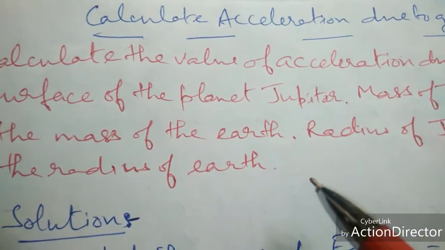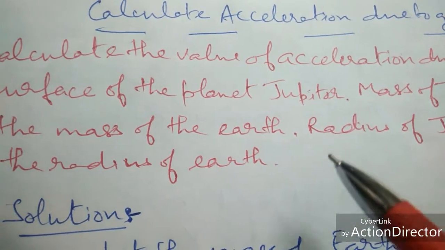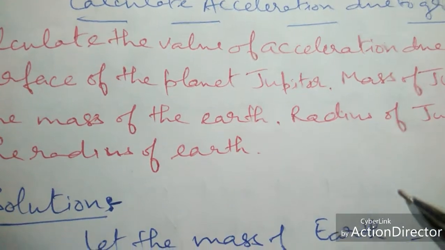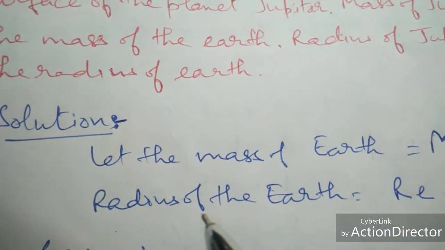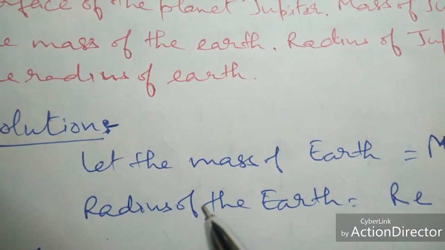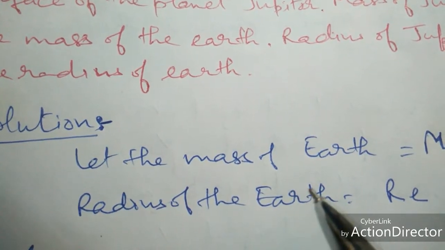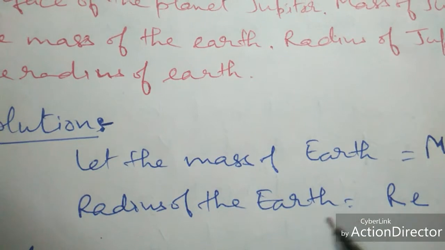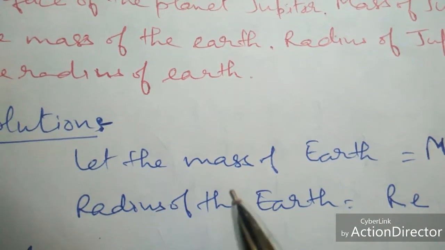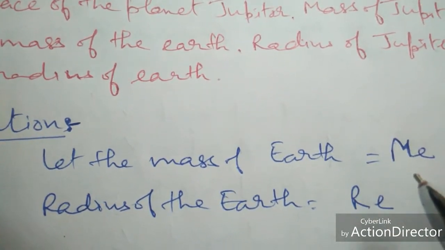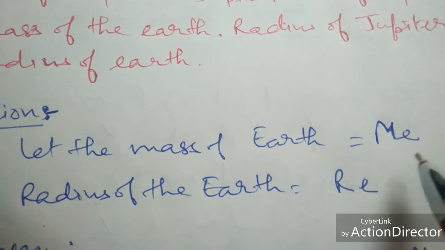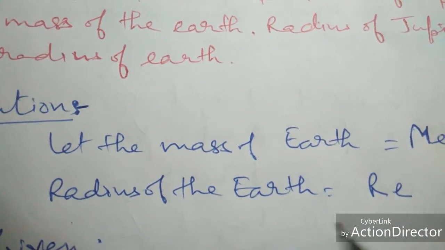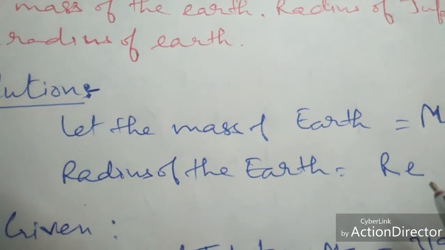In this numerical, we have to find out the acceleration due to gravity on the planet Jupiter. Because the mass of Earth has not been given to us, nor the radius, we will let the mass of the Earth be Me, E meaning Earth, and the radius of the Earth Re.